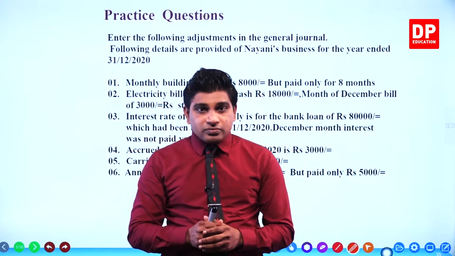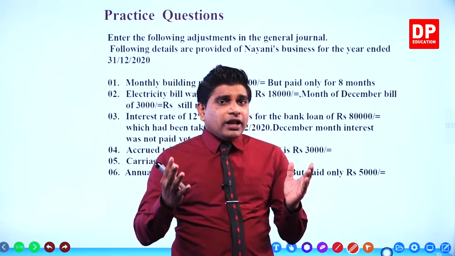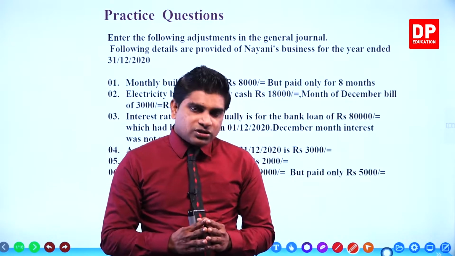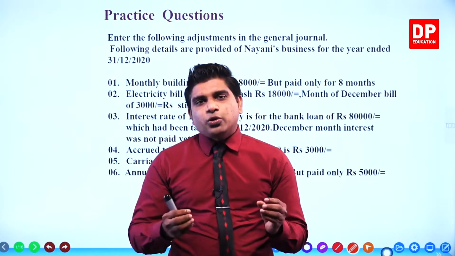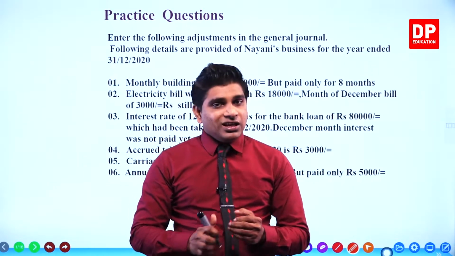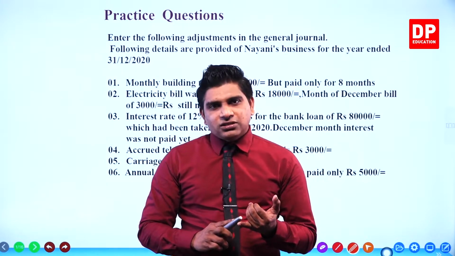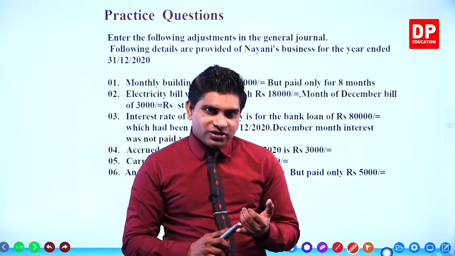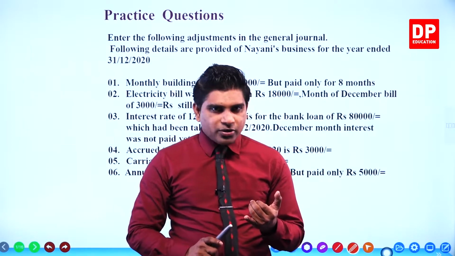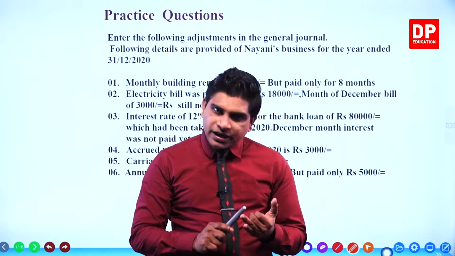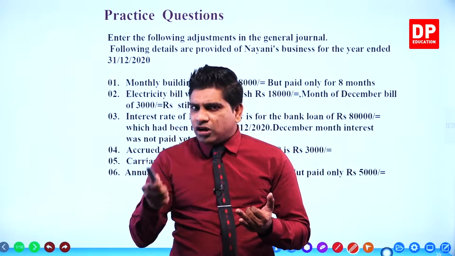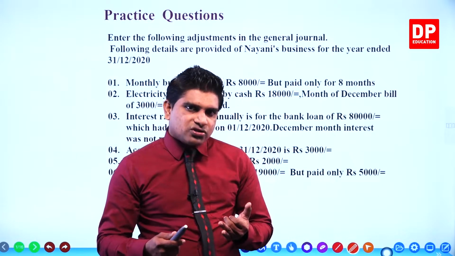Remember this, we maintain prime entry books to record different transactions. The cash book is maintained to record cash movements. The other one is the petty cash book, where we record only the petty cash expenses, right?